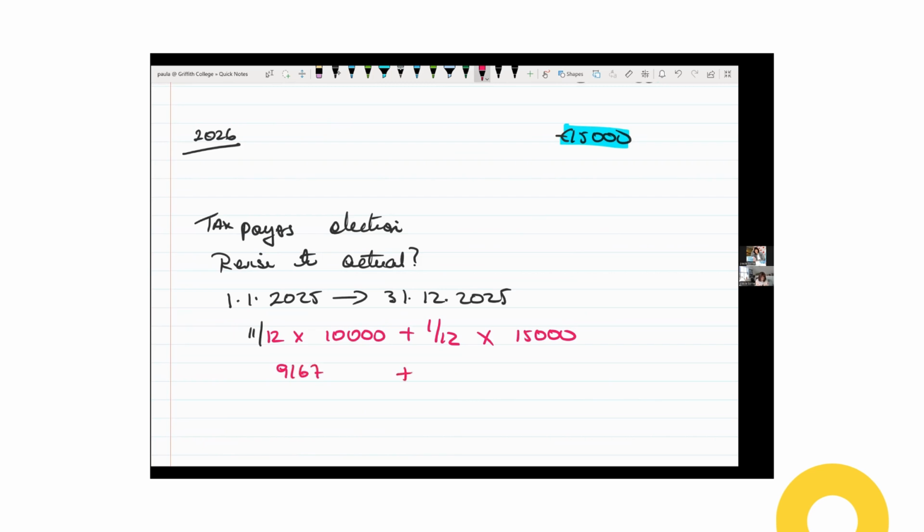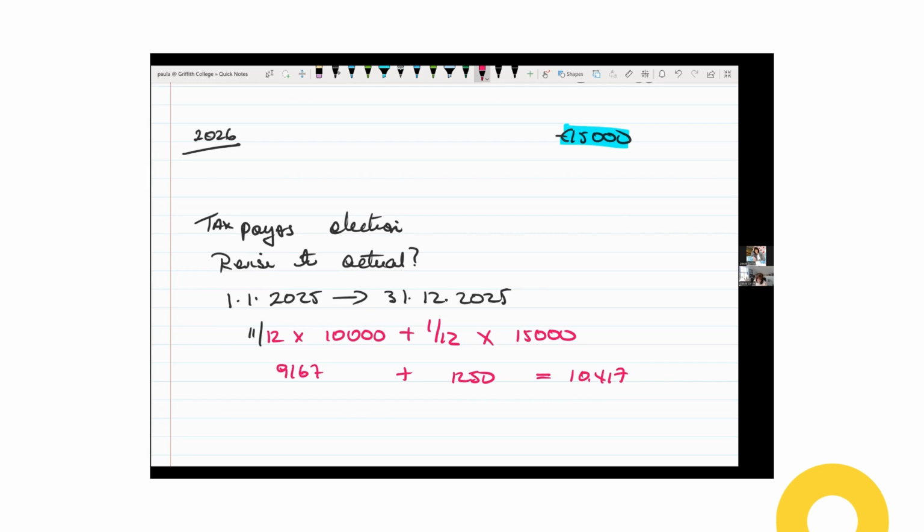And 15,000 divided by 12 gives me 1,250 plus 9,167, and that gives me 10,417. Just bear with me until I check my calculations. Yes, and 15,000 divided by 12, 1,250 plus 9,167. Yeah, okay.